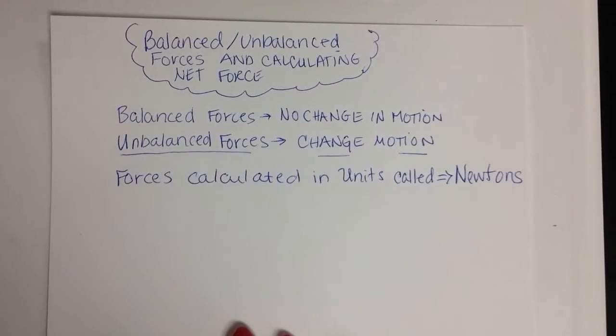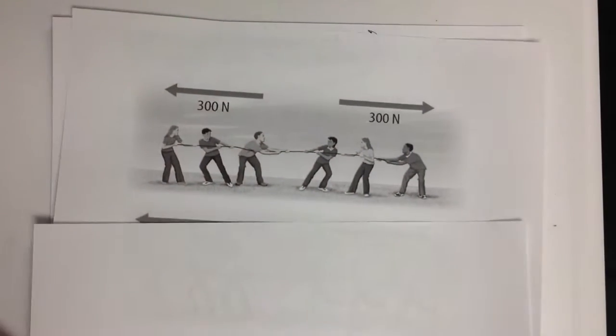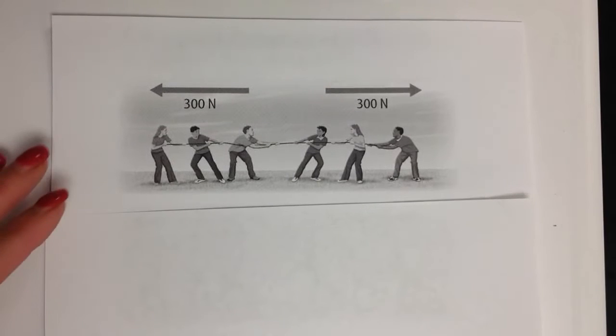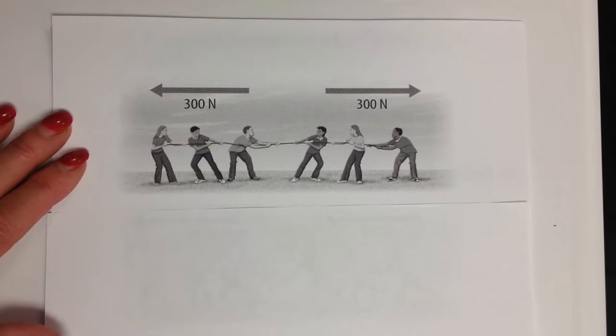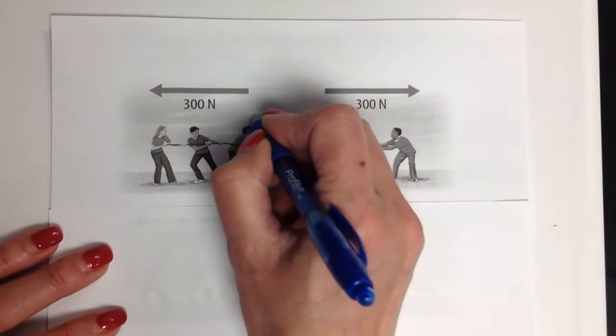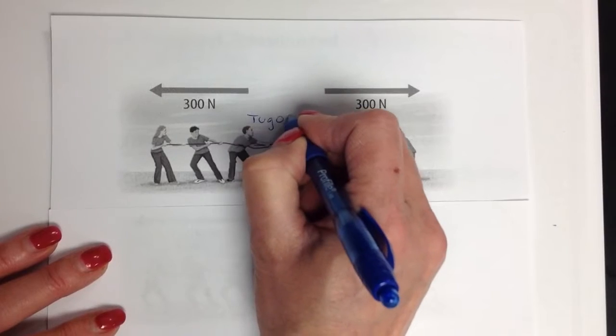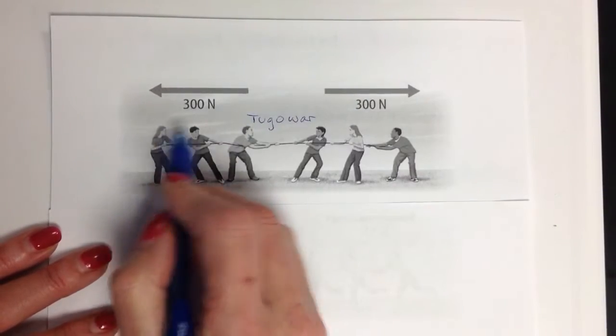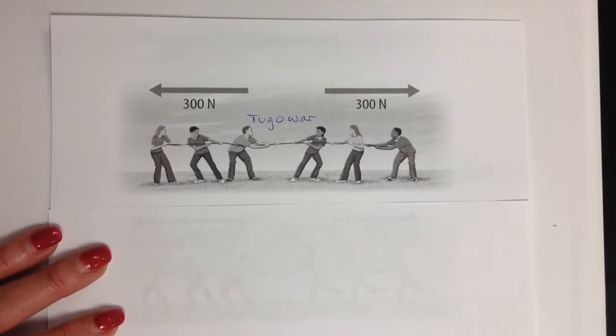Let's go back to a little image here and talk about it for a second. So we had talked about this scenario in Newton's first law of motion, when we talked about balanced forces. As you can see here, here's our good old game of tug-of-war, and the forces on either side are equal, right?